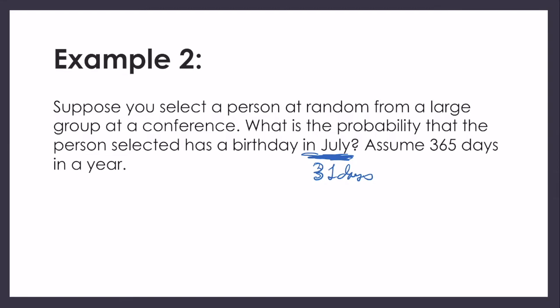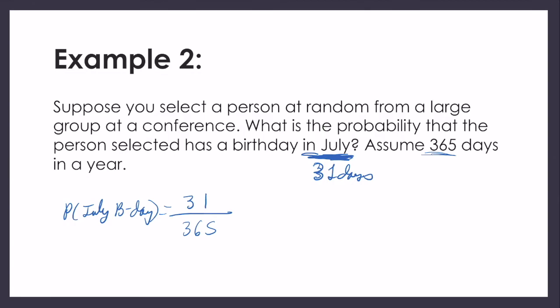So if I pick a person at a conference, there's 31 different ways out of 365 days that they could have a birthday in July. So 31 out of 365 possibilities. That's how we calculate the probability that a randomly selected person has a birthday in July.